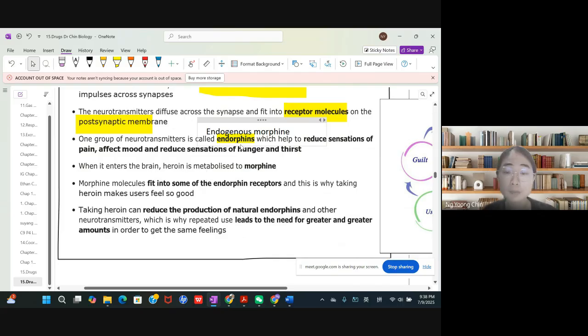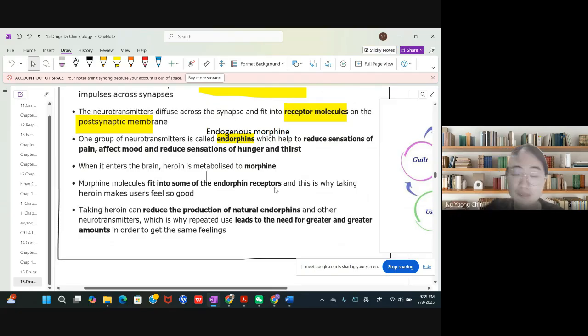So your body will produce these endorphins. This endorphin is a kind of neurotransmitter, so it will bind to the receptor proteins on the postsynaptic neurons. This receptor protein can only bind to endorphins, so we call it the endorphin receptor. That's what I remember: endorphin neurotransmitters bind to the endorphin receptor proteins on the postsynaptic neuron.